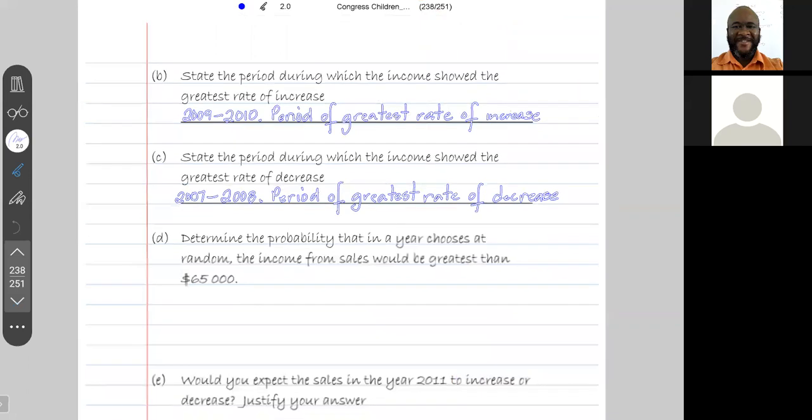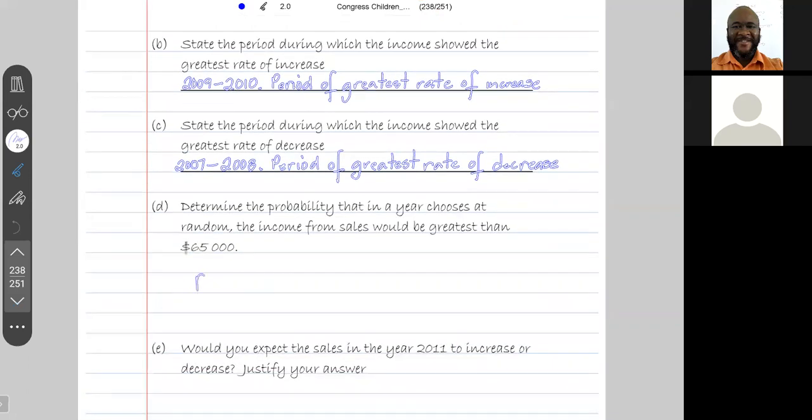So the probability that the income would be greater than 65,000 would be equal to 3 times out of 6, or a half, or 0.5, or 50%.